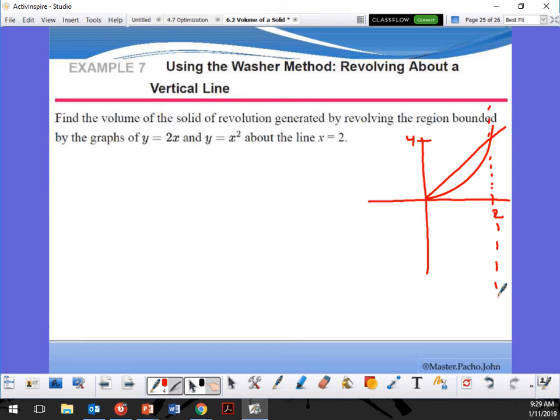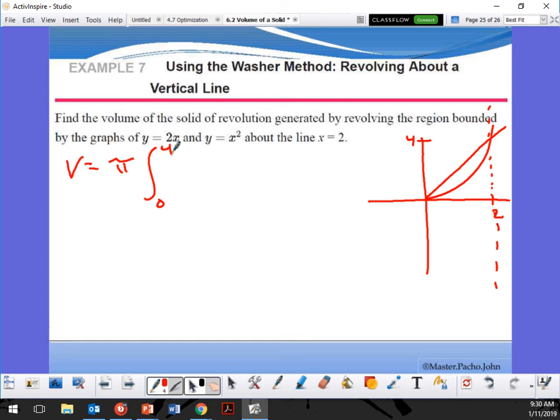Okay, so now let's go ahead and set up my problem. So I know that the volume has to be pi. Now if it's around the y-axis, it's up and down, so it's going to be my y's, right? 0 to 4.